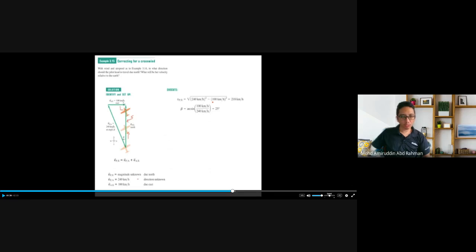So we take the opposite side, divide with the hypotenuse, so we obtain the angle. All right, so that's it for the relative velocity for the 2D motion.